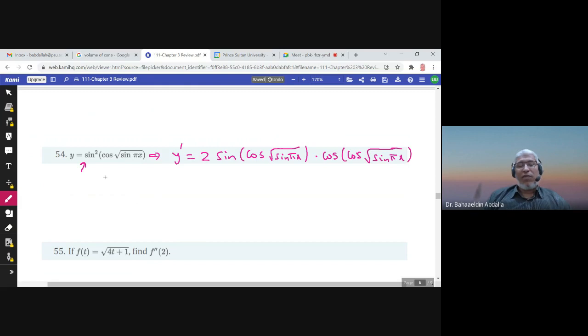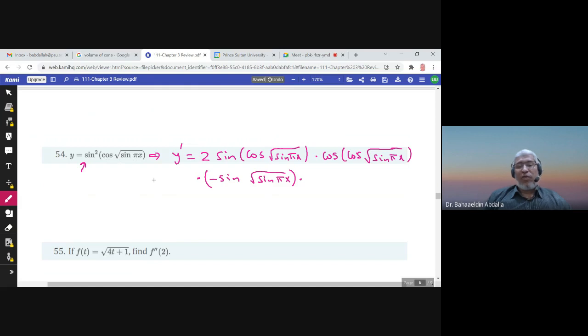Okay, this is the derivative of sine. Now, derivative of cosine is negative sine of all of this. So this is a product. This is the derivative of cosine.